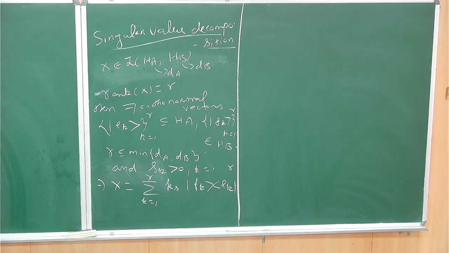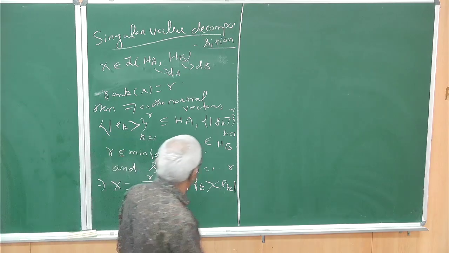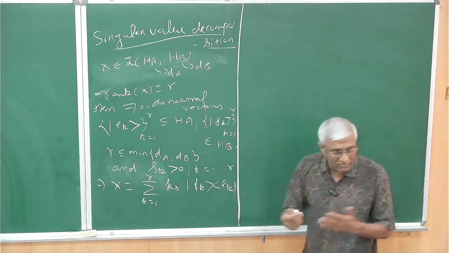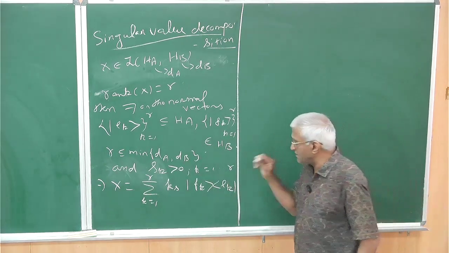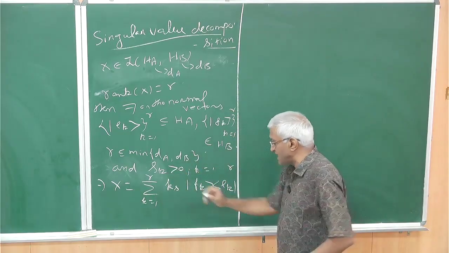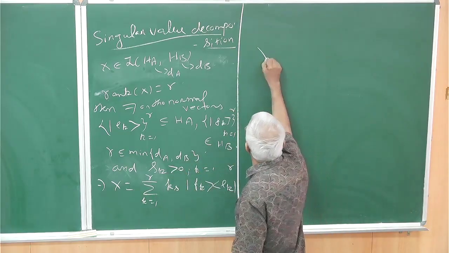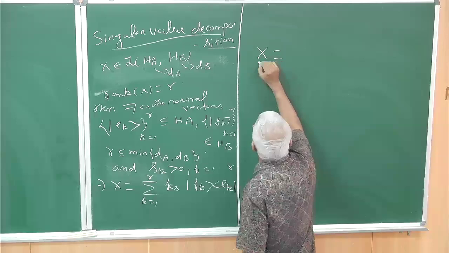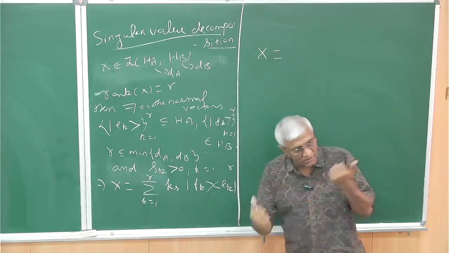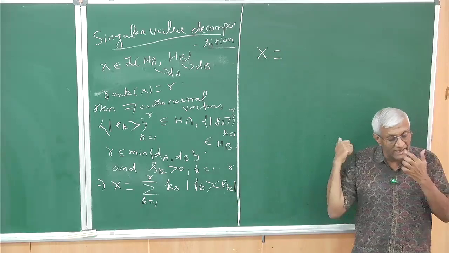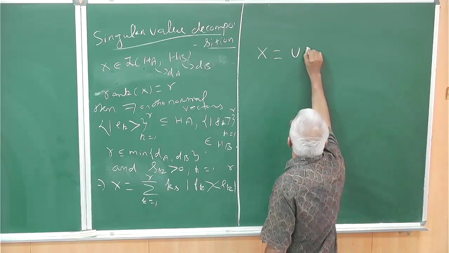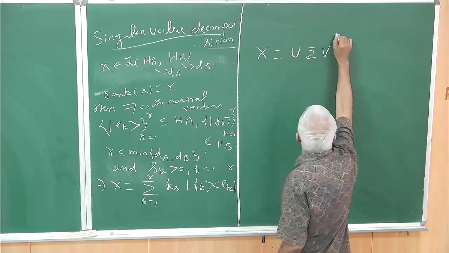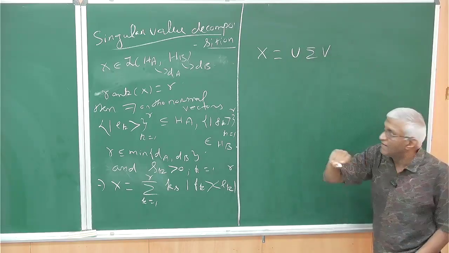I will not write a proof of that, but I can give you a proof. You know polar decomposition, no? From that we can give a proof. What usually happens is the following. The usual singular value decomposition in any linear algebra textbook is X equals U sigma V transpose, maybe V dagger.